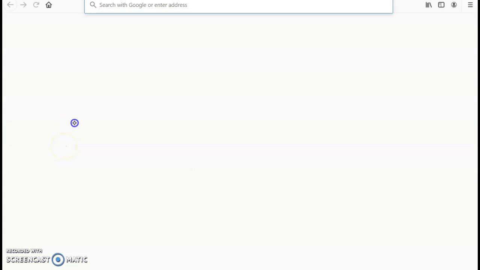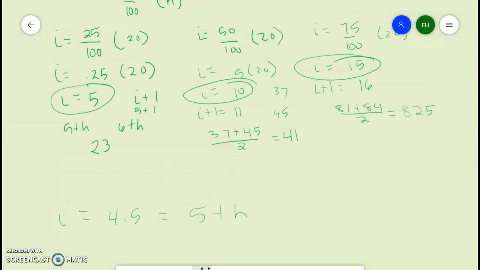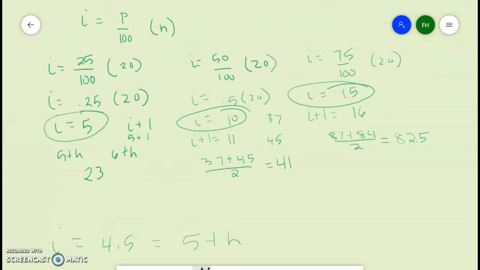Now, let's just say for some reason your index, when you calculate it, ends up being 4.5. Well, if your index is 4.5, you're going to round up to the 5th position and you don't get an average. But in this particular problem, since you ended up getting a whole number, you have to look at that index and the index after that, take those two numbers and find the average.